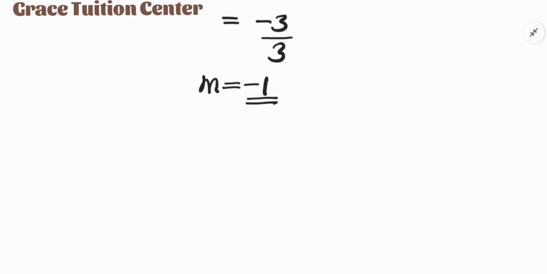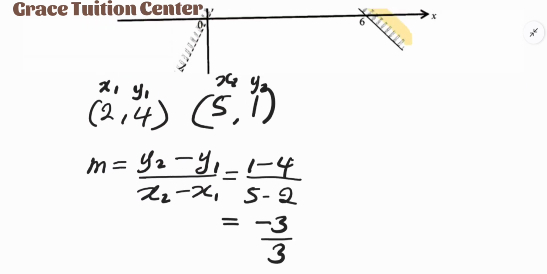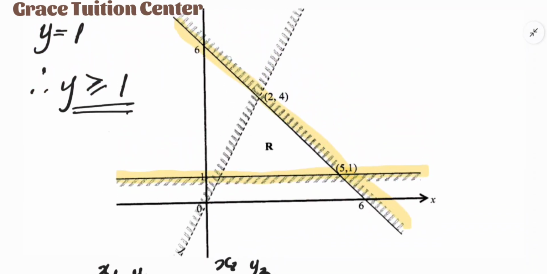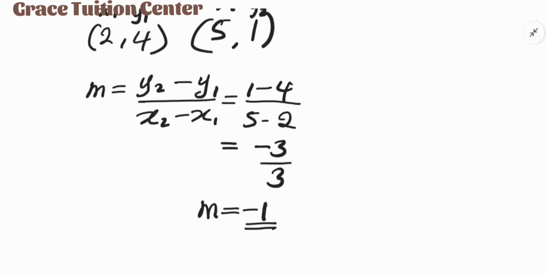So once I find the gradient of this line here, which passes through this point and that point there, the gradient is -1.